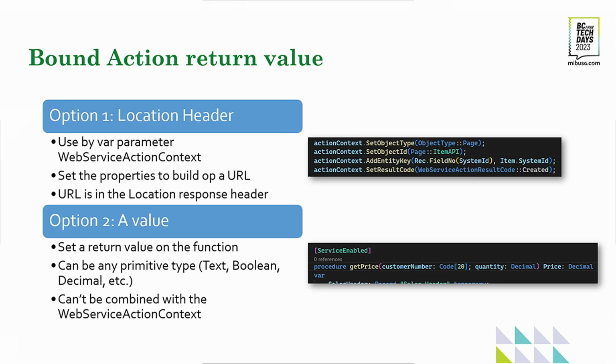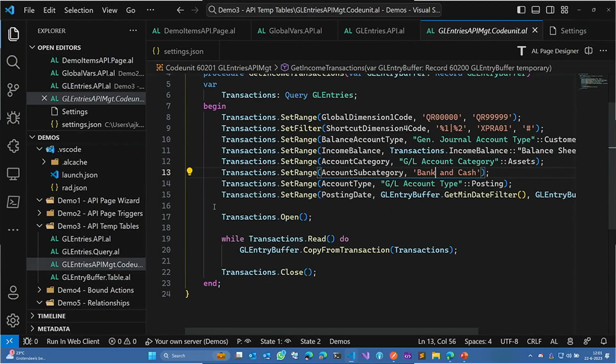And you might think, okay, I cannot do that with APIs. You need to create quite a complex API for that, or I need to go with unbound actions. Well, actually, you don't need that. I'm going to show you a function to get a price on an item and return the price to the caller. So let me go to the code.